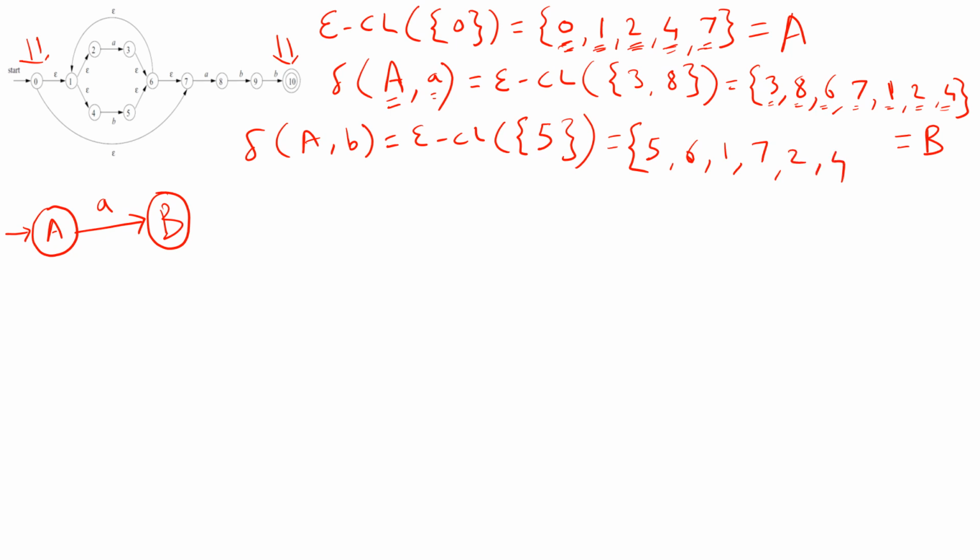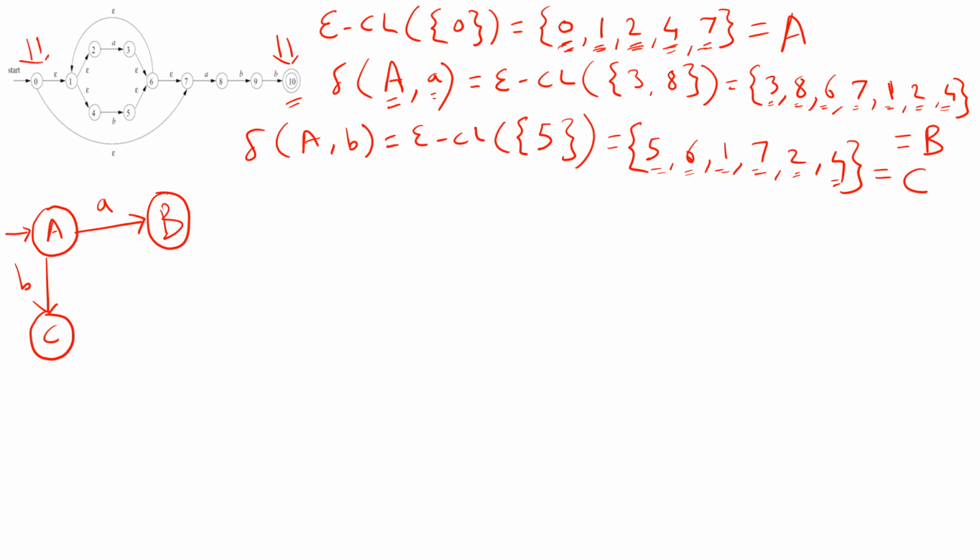From state 7 no epsilon transition. From state 2 and 4 also no epsilon transition. So this would be state C. This means that by reading B on state A, I go to state C. State C is also not a final state because the final state is 10 and 10 is not part of C.